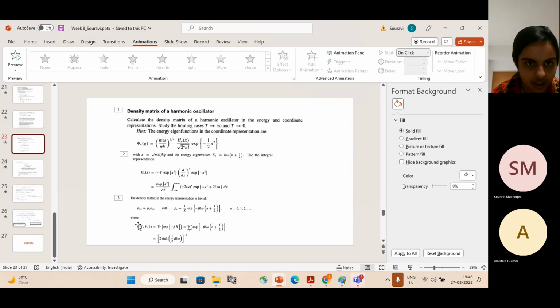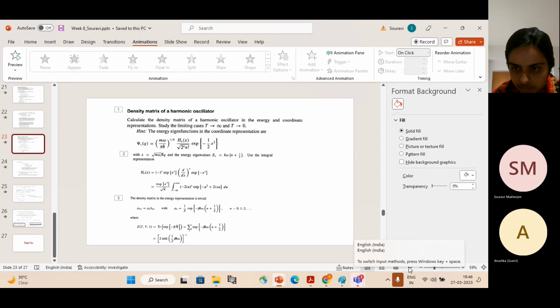This is how you write the partition function in the energy representation, right? This is in the energy representation. Can you enlarge the screen? Yeah, I'm doing that. Why is it not happening?